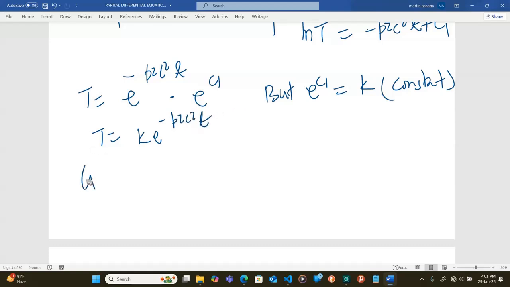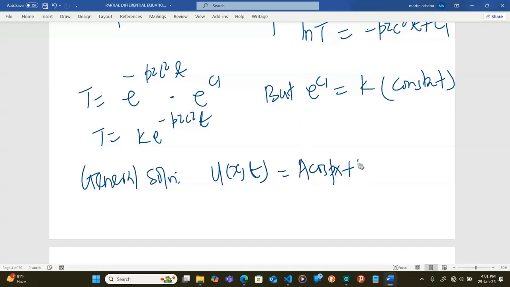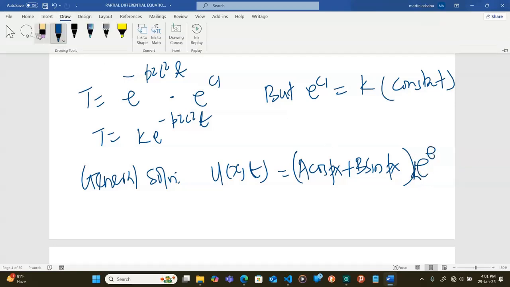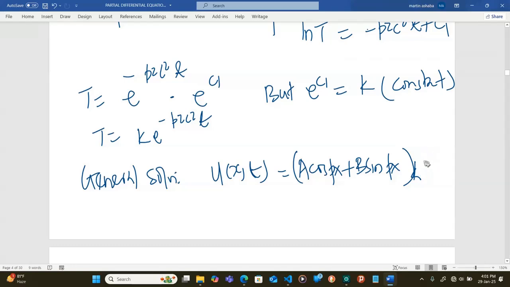Therefore, the general solution u(x,t) will equal a cos px plus b sin px, then I multiply everything by k times the exponential.